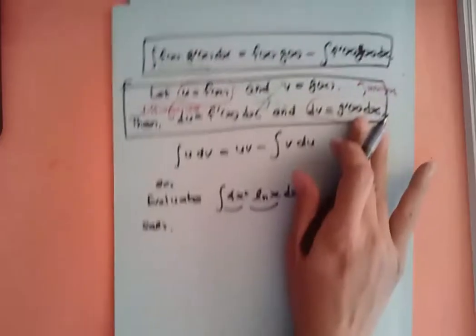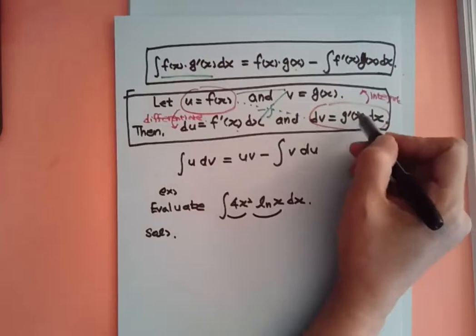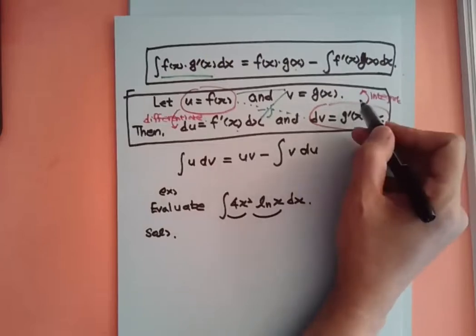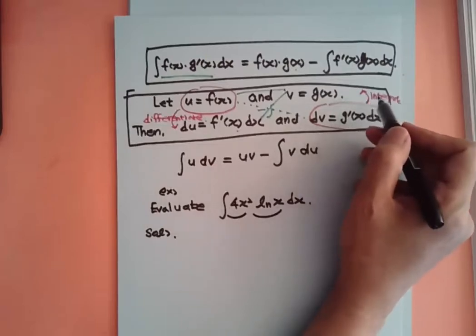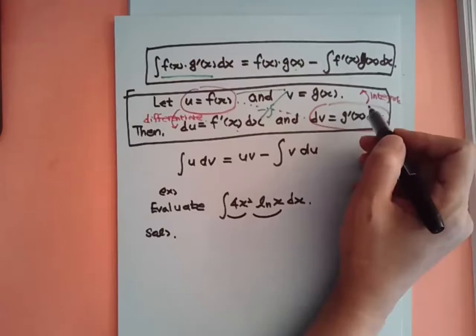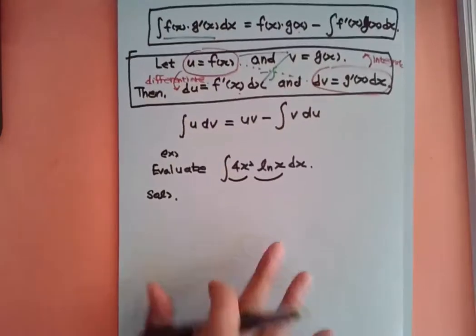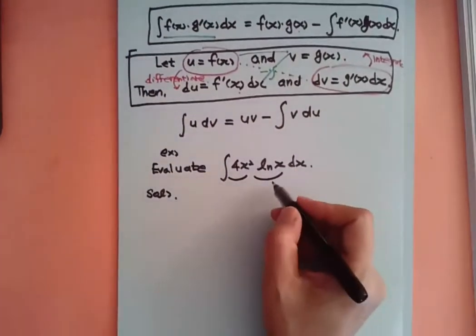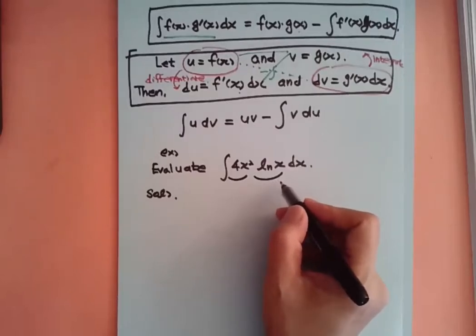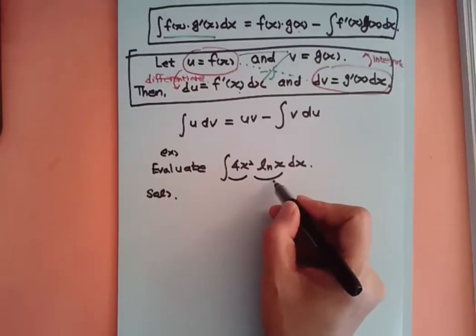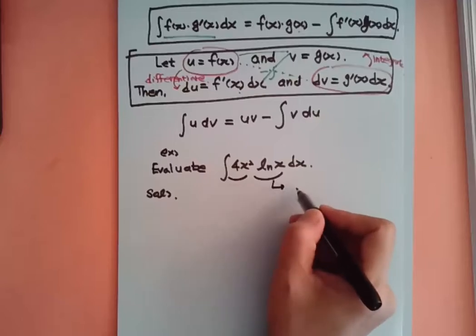And in this case, the other function, when we integrate, doesn't make things more complicated. But here, you would notice you don't really know the integral of natural log of x instantly, but you know that when you differentiate, it becomes 1 over x, right?